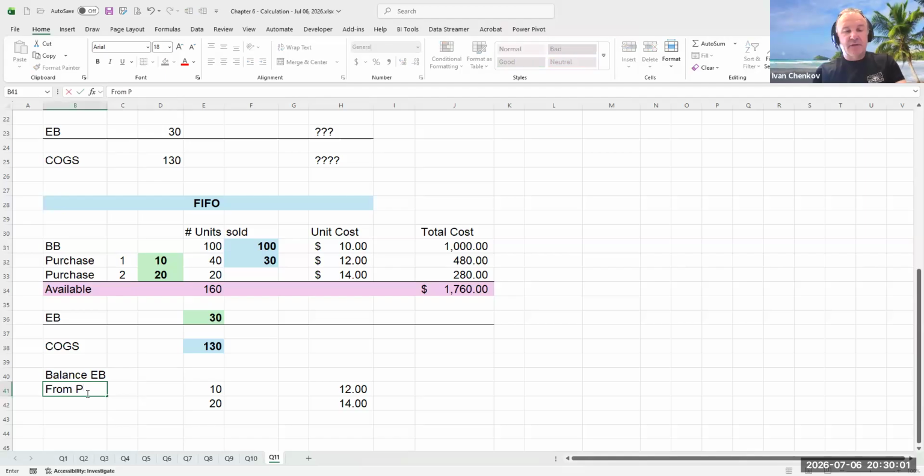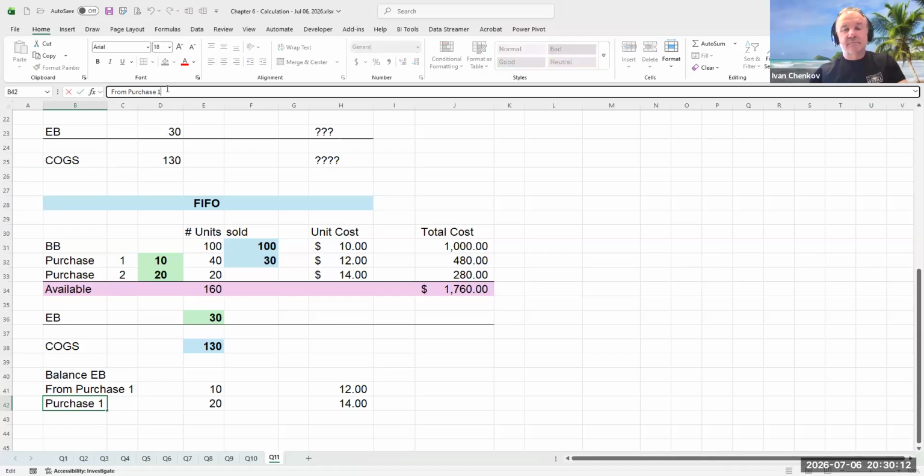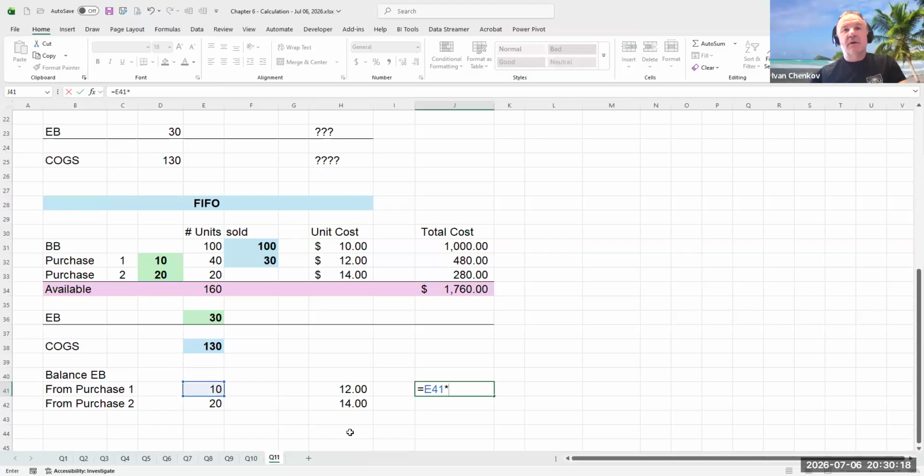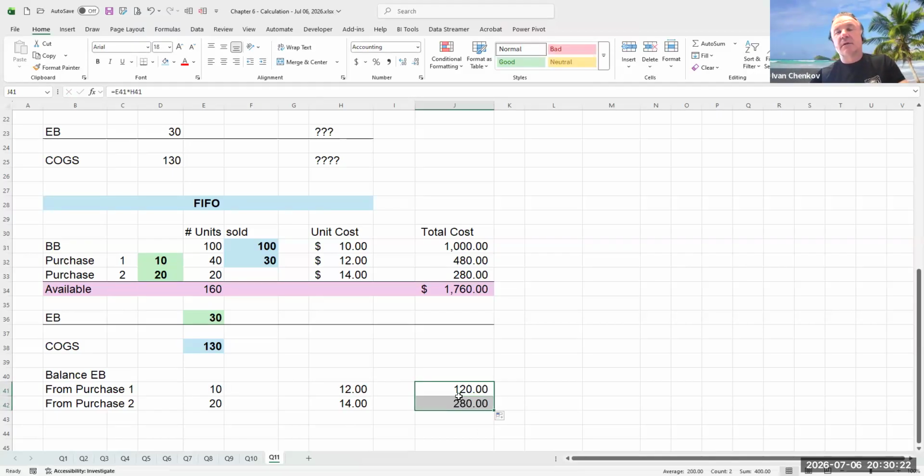From purchase one, and that's from purchase two. That will be equal to 10 times 12, that's 120. The other one is 280.